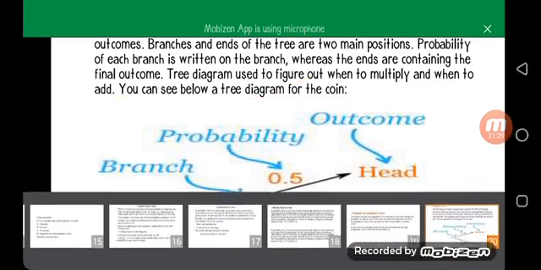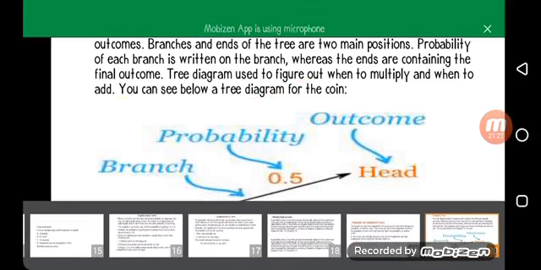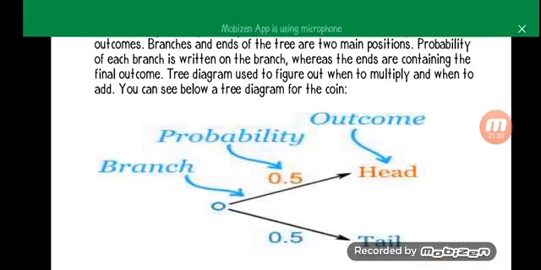The next thing I want to talk about is the probability tree. This probability tree is a very interesting topic. It shows us occurrences. Here, somebody is tossing a coin. When the person tosses that coin, it gets two outcomes. This is the first trial, head and tail.